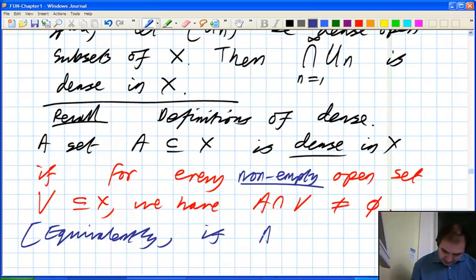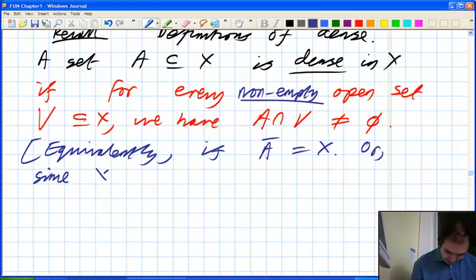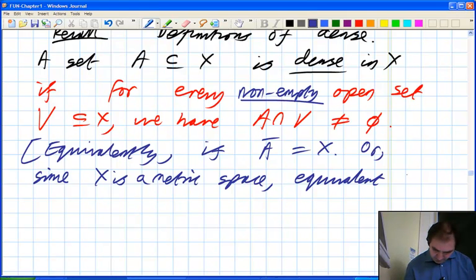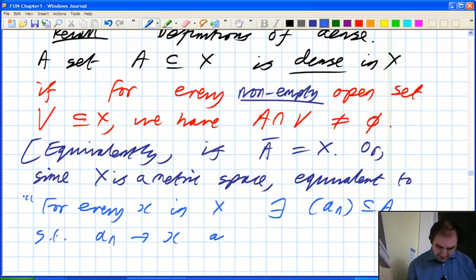That's if A closure equals X. Or you can have sequential denseness. Since it's a metric space, it's equivalent to the following: for every x in X, there exists a sequence a_n contained in A, such that a_n tends to x as n tends to infinity.